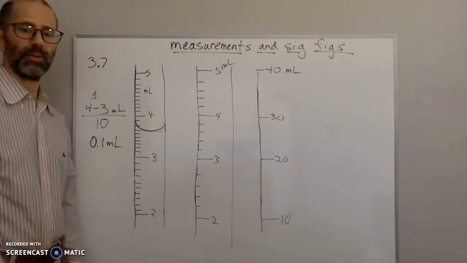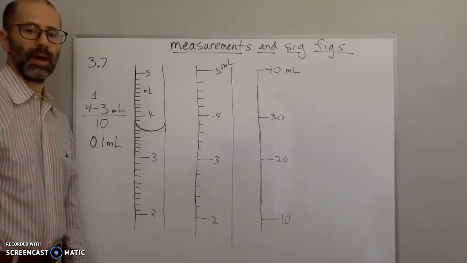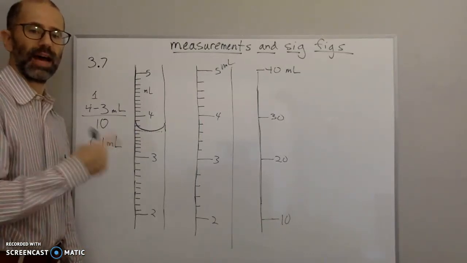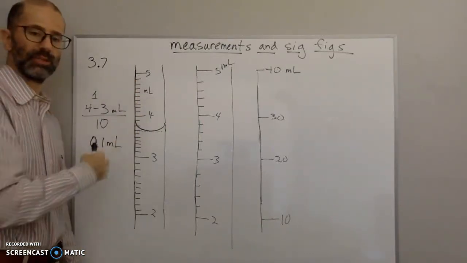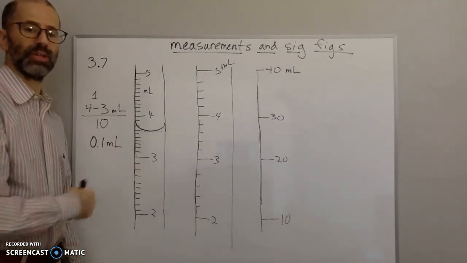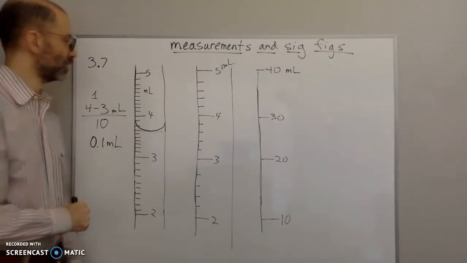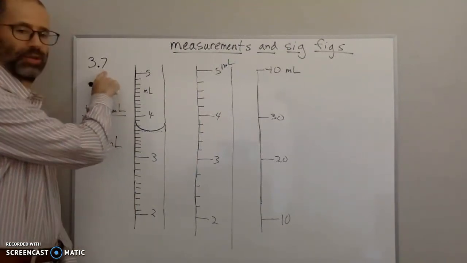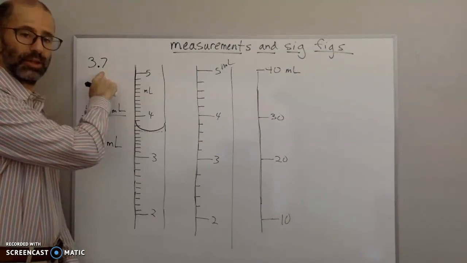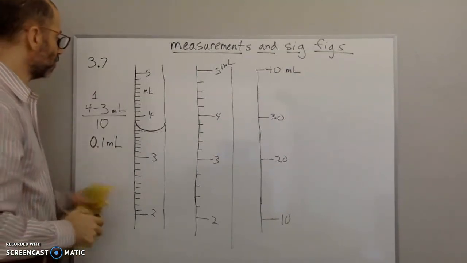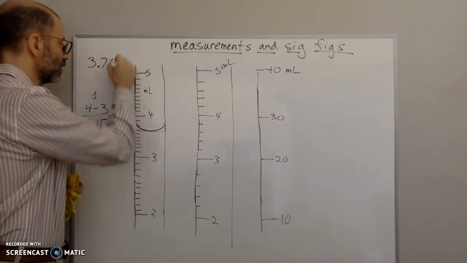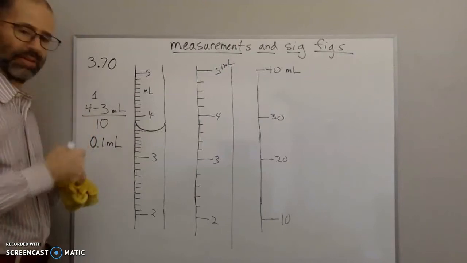However, we know that the instrument allows you one estimated digit, so you need to report that estimated digit. So if it's on the line for you, then that 7 is certain, but you still are allowed to have that estimated digit.